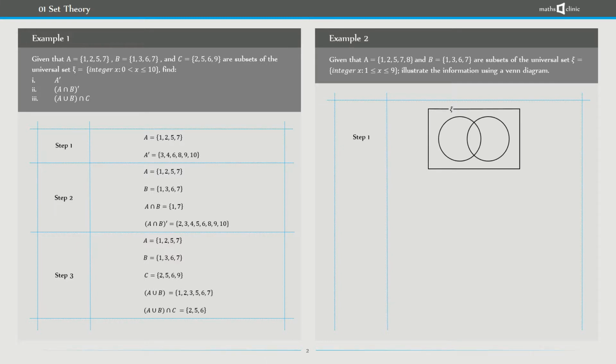Next, we have two circles, and these circles represent set A and set B. All the elements in set A would go in this circle here, and all the elements of set B would go in this circle here.